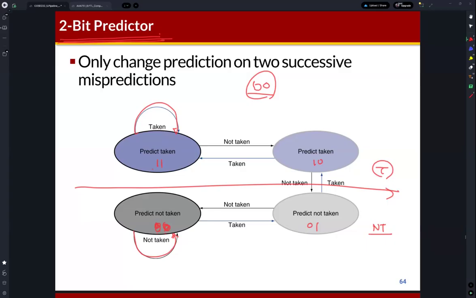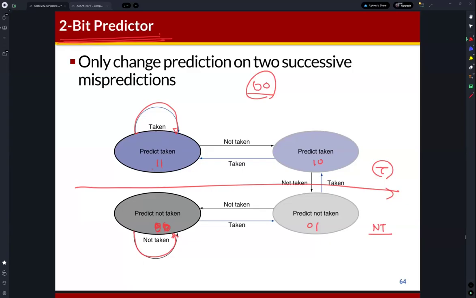By accumulating, it means that if some events happen consecutively, the same events happen consecutively, then we can predict the future event based on this consecutive result.